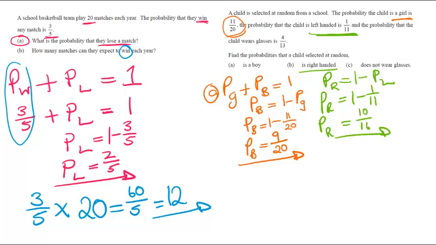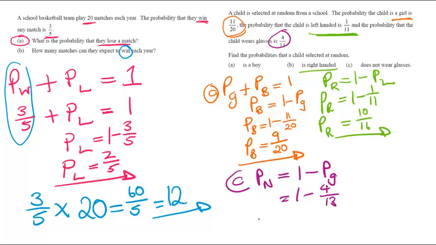And the last question, what is the probability that the child does not wear glasses? Question C, not 3. Question C. Probability of no glasses is equal to 1 minus the probability of glasses. So that is 1 minus 4 over 13.